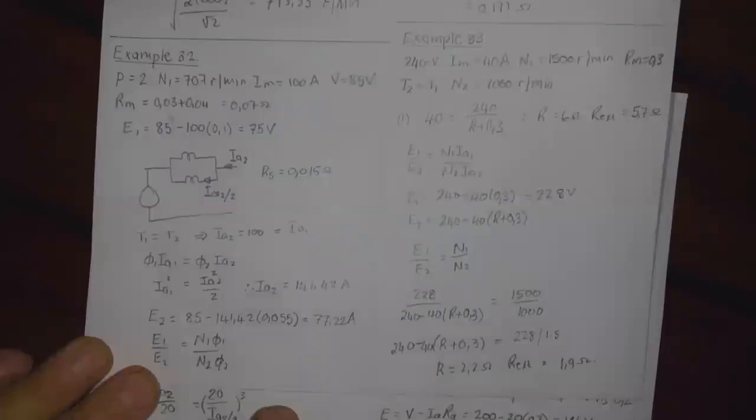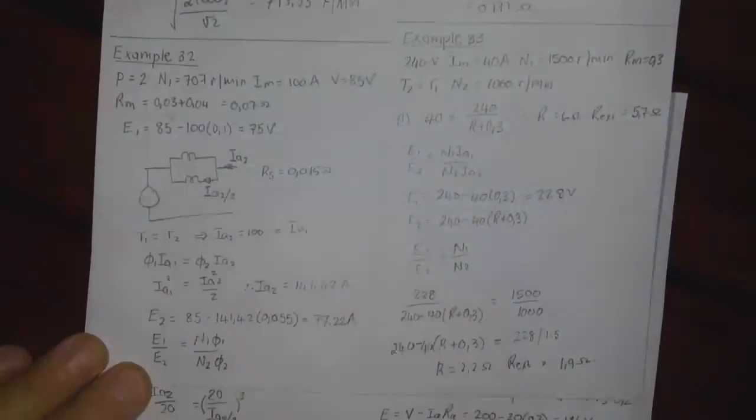And therefore IA2 is 141.42 amps. And then E2 will be the two in parallel, 0.3, 0.3. That gives us 0.015, plus 0.04. The resistance then is 0.055 times 141, and that gives us 77.22 volts.